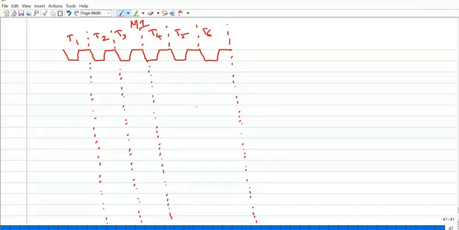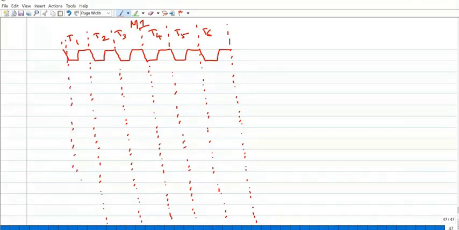Okay, ALE must be high. At that time your AD0 to AD7 pins are used for holding the lower order address of your program counter. Starting point: I have drawn the waveform starting from off state to on state.